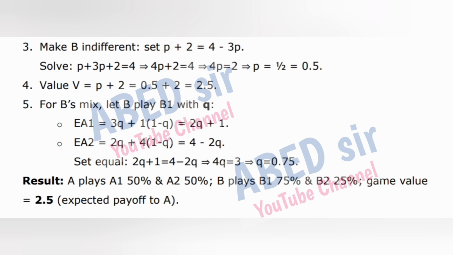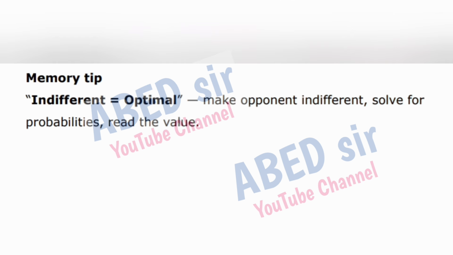Result: A plays A1 50% and A2 50%, B plays B1 75% and B2 25%, game value = 2.5, expected payoff to A. Memory tip. Indifferent equals optimal: make the opponent indifferent, solve for probabilities, read the value.